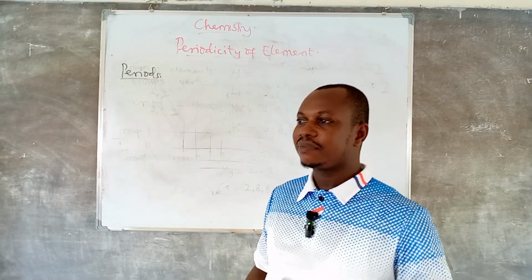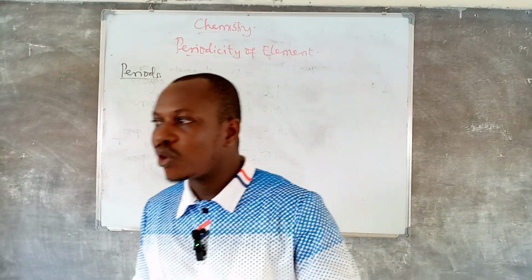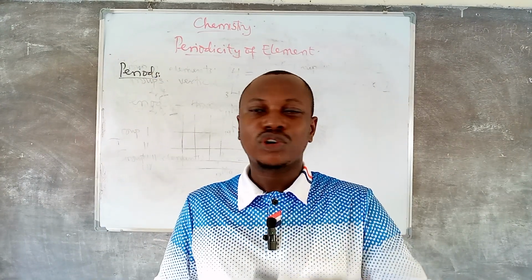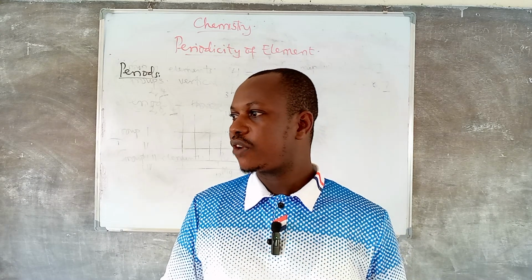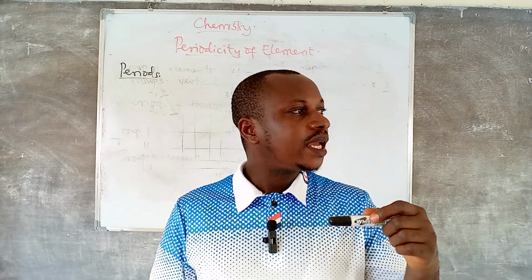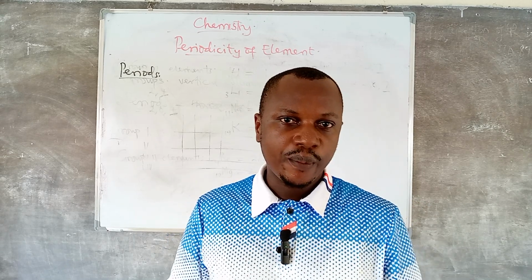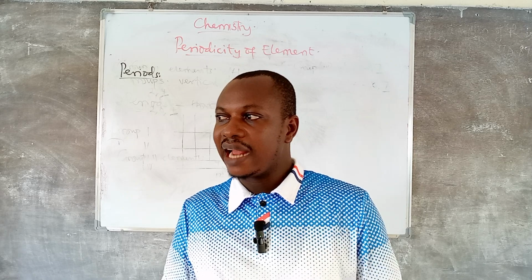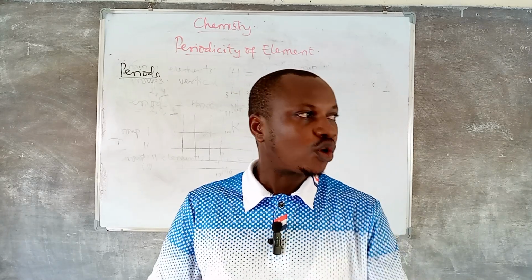Don't forget that electronic configuration is just talking about the arrangement of electrons around the shells of an atom. So if an atom has one shell, it is qualified to be placed in period 1.